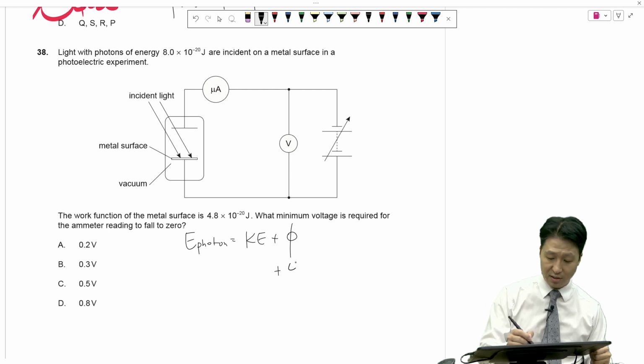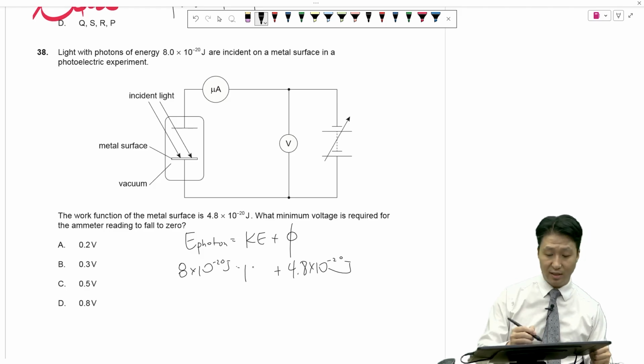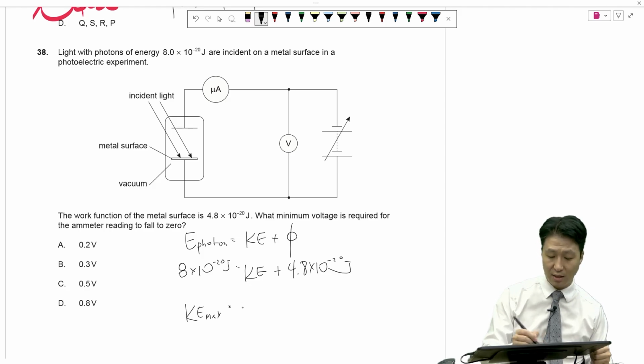The work function is 4.8 times 10 to the negative 20 joules. The photon energy is given as 8 times 10 to the negative 20 joules, which means the maximum kinetic energy of the electrons is 3.2 times 10 to the negative 20.